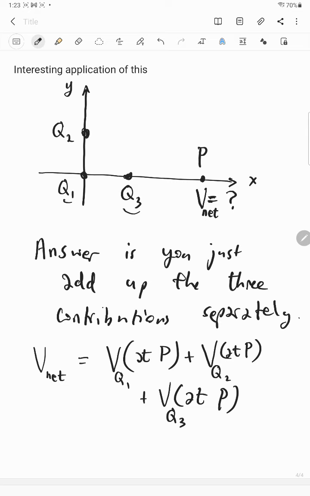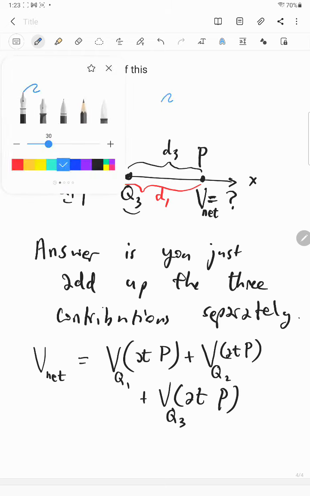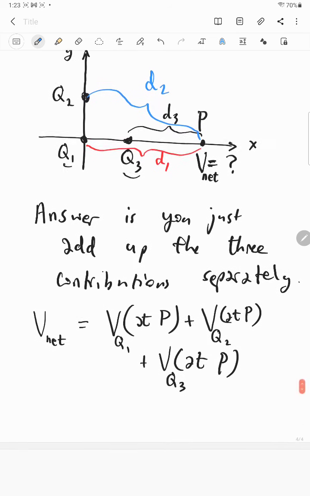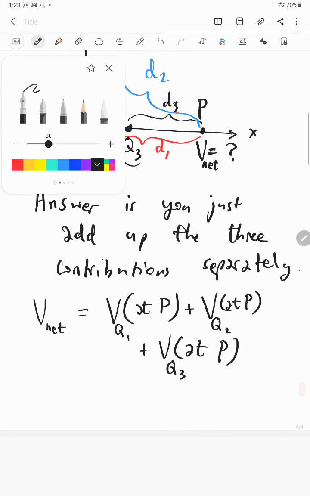So in order to do this problem, we need to know how far Q3 is from P, and then also how far Q1 is from P, and then we still need a third distance, right? How far is Q2 from P? And if we knew those distances, the truth is it's super easy to write down the answer.